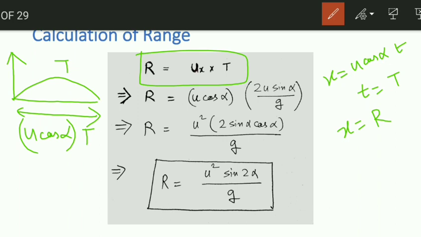So what is ux? ux is the x component of the velocity, that is u cos alpha, into 2u sin alpha by g, that is the time of flight we obtained earlier. If we rearrange them, u and u will become u square, 2 sin alpha cos alpha by g. By basic trigonometric manipulation, we will get u square sin 2 alpha by g.